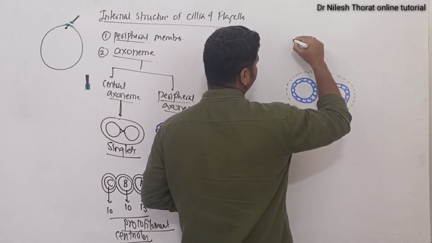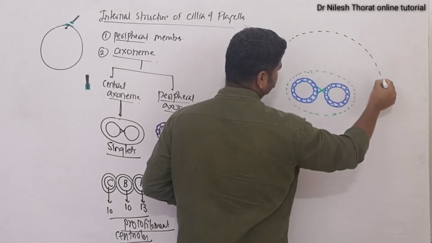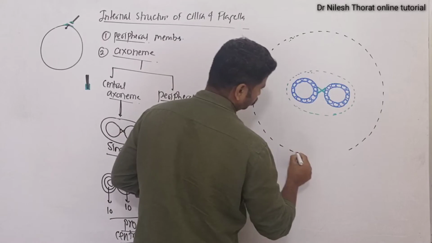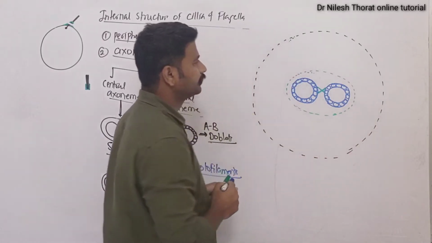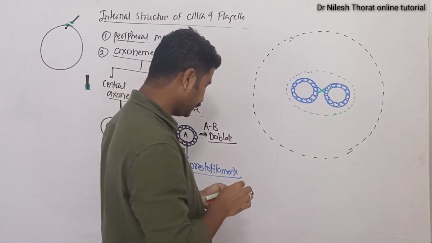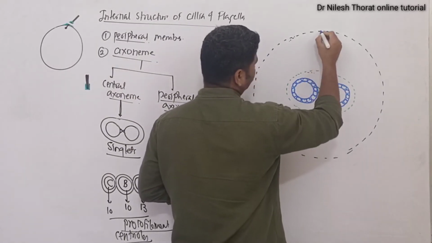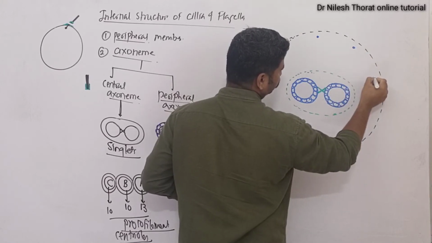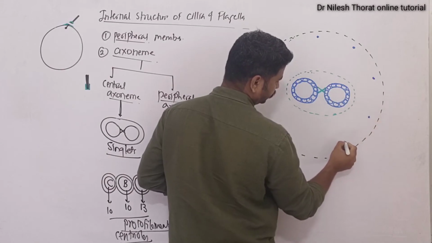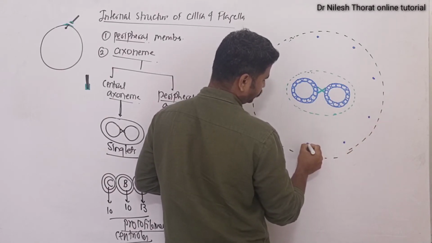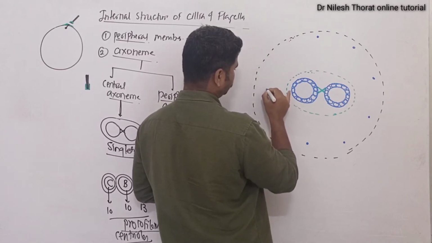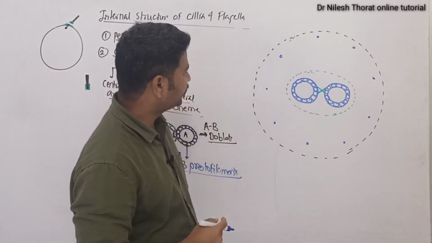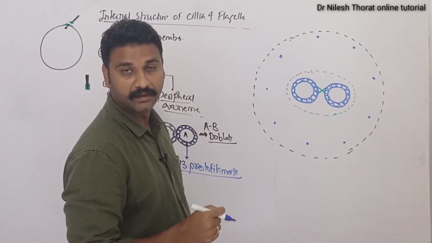So here we are drawing a reference circle. Let's suppose, for example, this is a plasma membrane, and inside we are having 1, 2, 3, 4, 5, 6, 7, 8 and 9 evenly placed peripheral doublets.